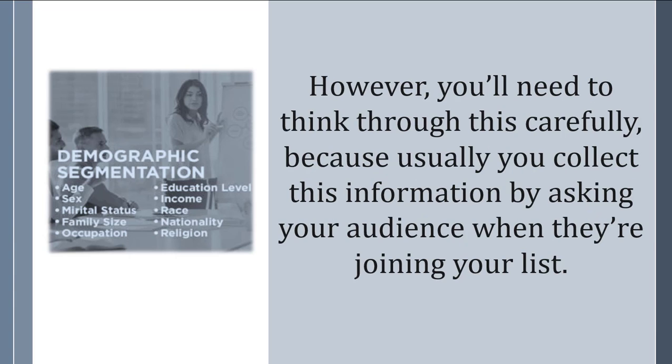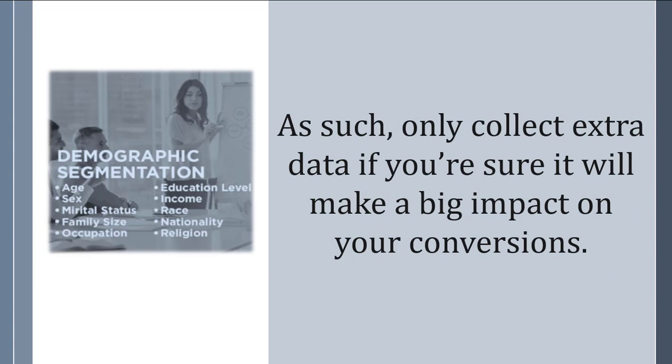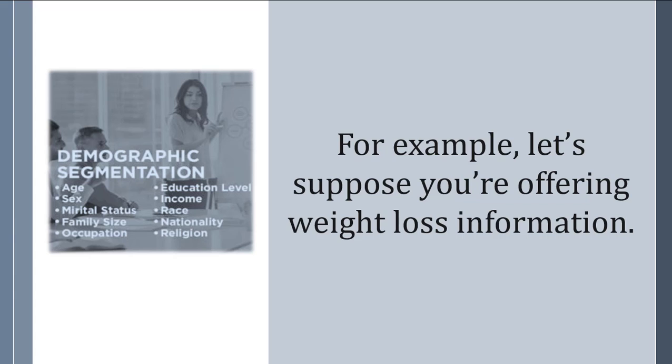However, you will need to think through this carefully because usually you collect this information by asking your audience when they're joining your list. Problem is, the more questions you have on your sign up form, the lower your conversion rate, as every extra hoop you add tends to decrease response. As such, only collect extra data if you're sure it will make a big impact on your conversions.